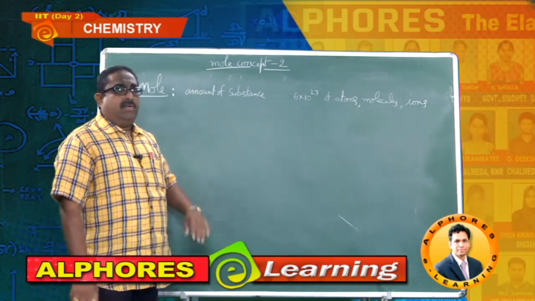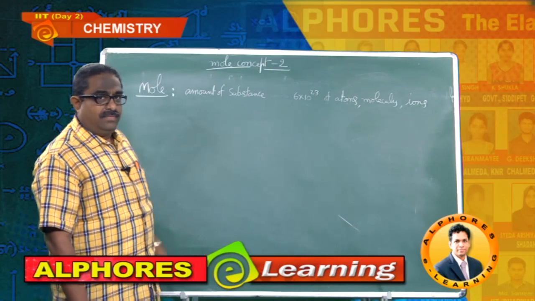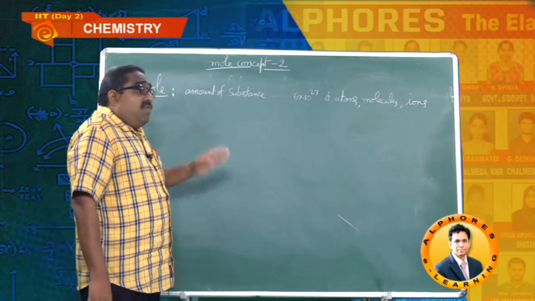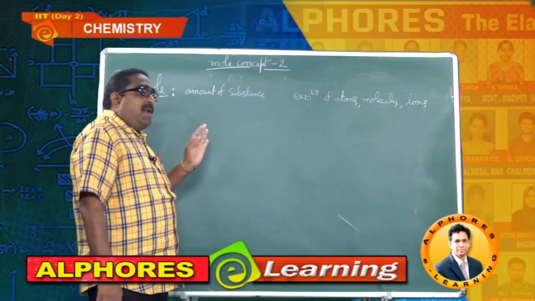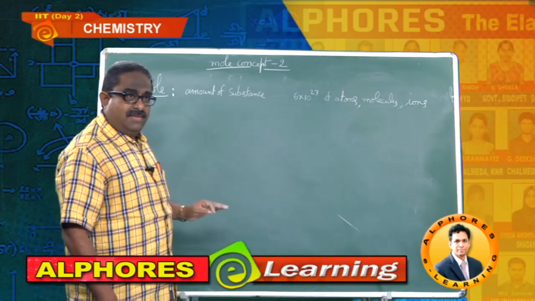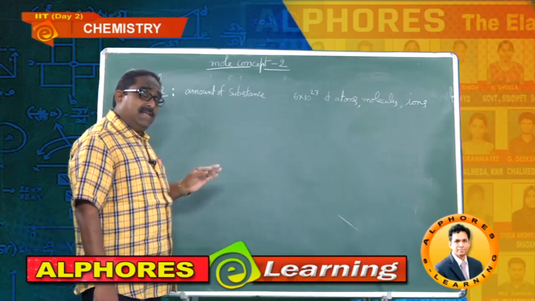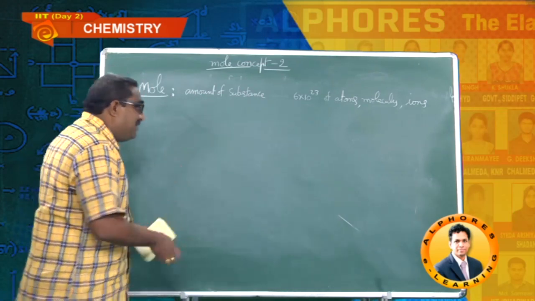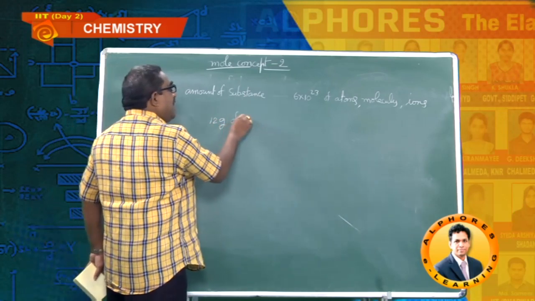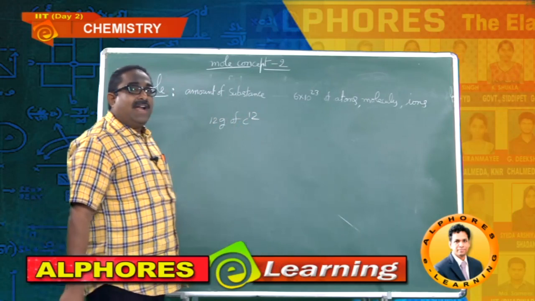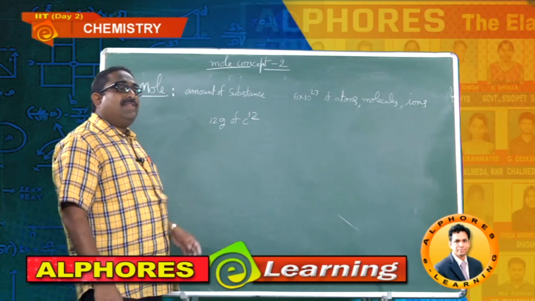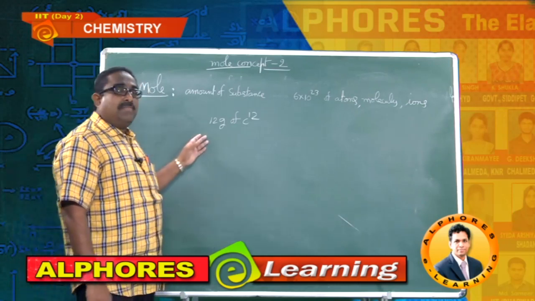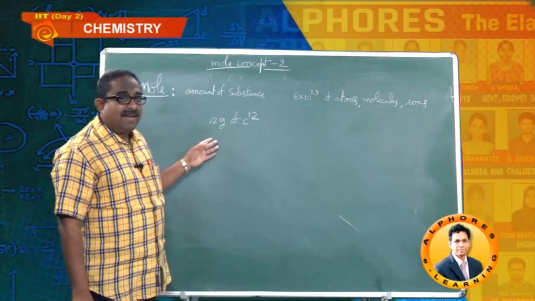In another way also we can define the mole. Mole is nothing but the amount of substance which possesses the same number of chemical entities as are present in 12 grams of C12. 12 grams of C12 means the atomic weight of carbon 12, which is nothing but the mass of 6 into 10 power 23 atoms of carbon.